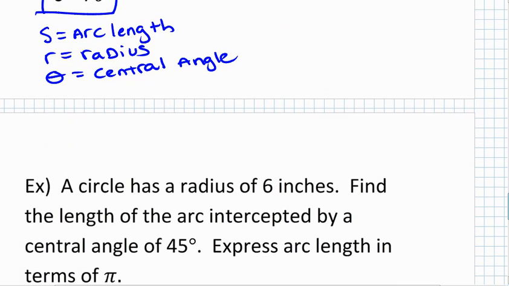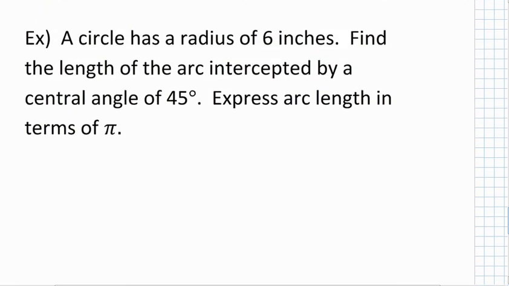So if I get to this next problem here, it says a circle has a radius of 6 inches. Find the length of the arc intercepted by a central angle of 45 degrees and express the arc length in terms of pi. Well, in order to do this, the first thing you need to do is convert from degrees to radians.